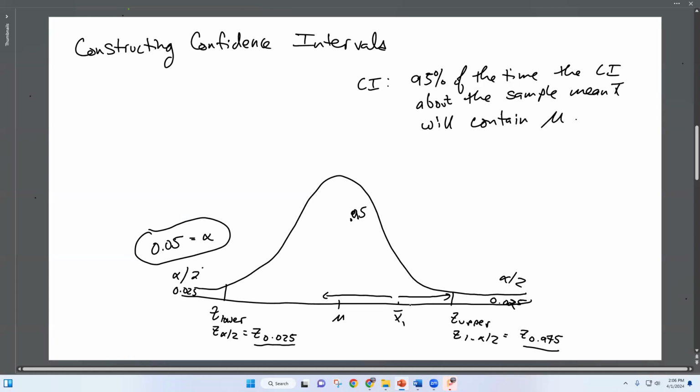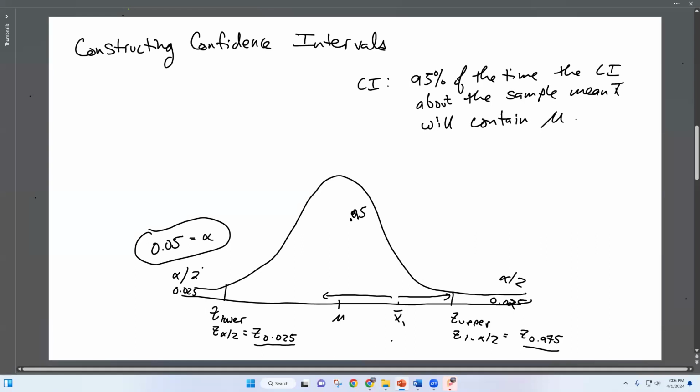And it's really a probabilistic thing. I take one sample, do a confidence interval, and it covers the mean. I do another one, it covers the mean. I do another, it covers the mean. If I do it 100 times, on average 5 of those won't cover the mean.